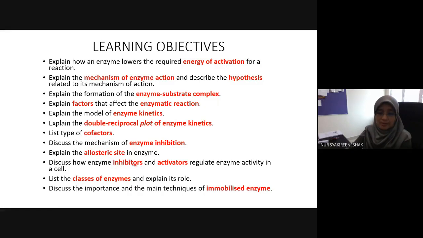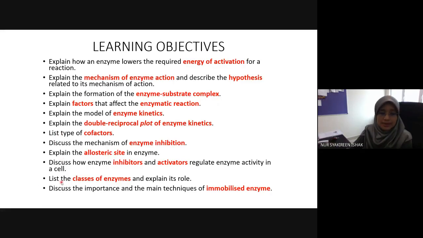If an inhibitor binds to the allosteric site, it causes the enzyme to be in an inactive form. But if an activator binds to the allosteric site, it can change the shape of the enzyme into the active form, so that the enzyme can catalyze the reaction.